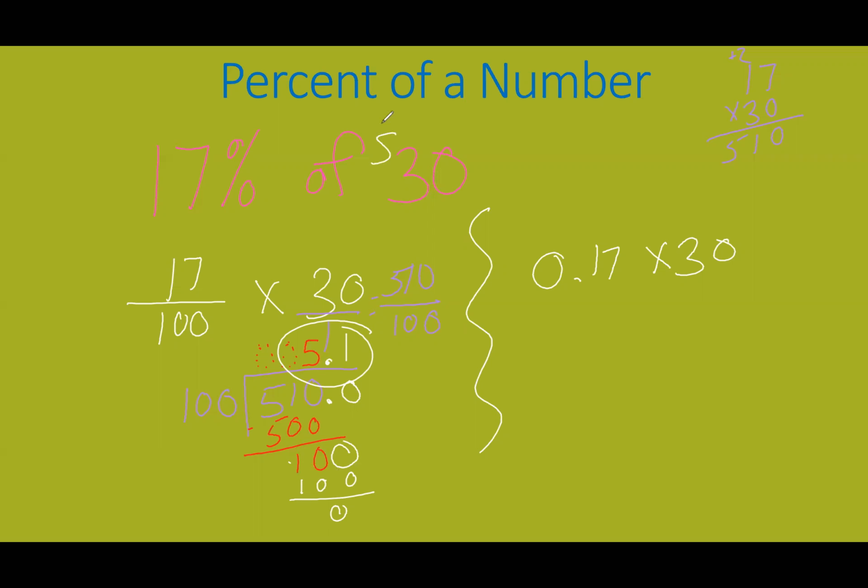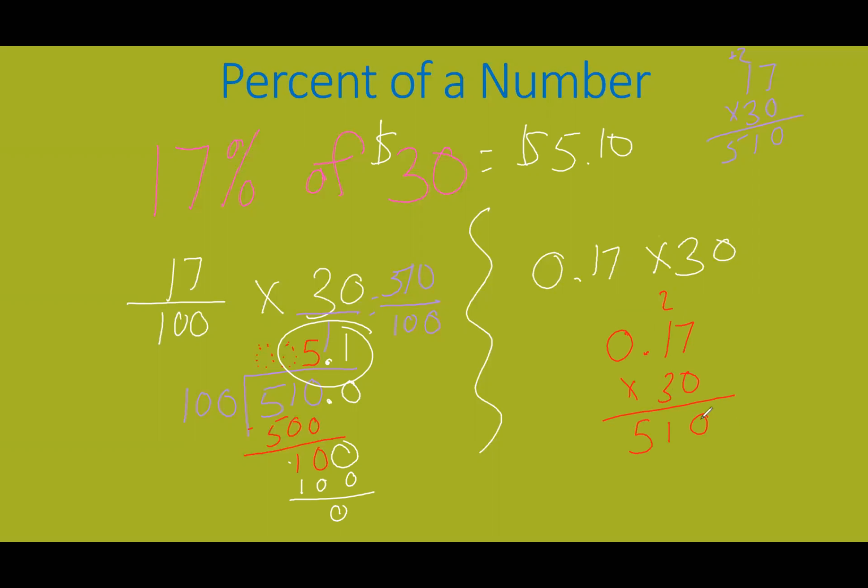But if we were talking about money, then it would be $5.10. That's how that would work. If we wanted to multiply over here, we would say 0.17 times 30. Put my 0 there. Got a 21 with a 2, 3, 4, 5, right?